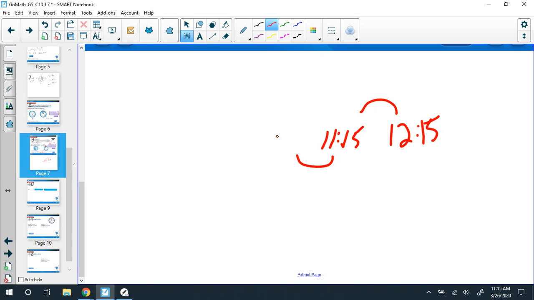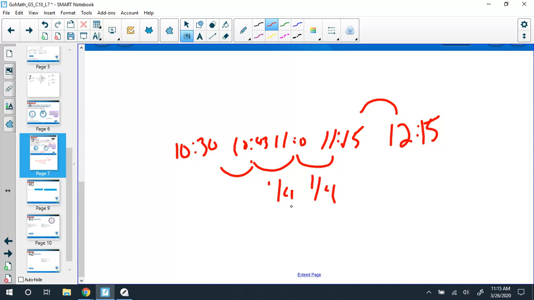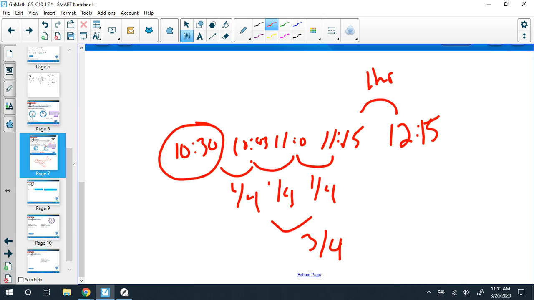So 15 minutes before that is 11 o'clock. 15 minutes before that is 10:45, and 15 minutes before that is 10:30. Again, 1/4 hour, 1/4 hour, 1/4 hour equals our 3/4 hours. And up here is where we took care of our 1 full hour. So this is what time they need to start at.